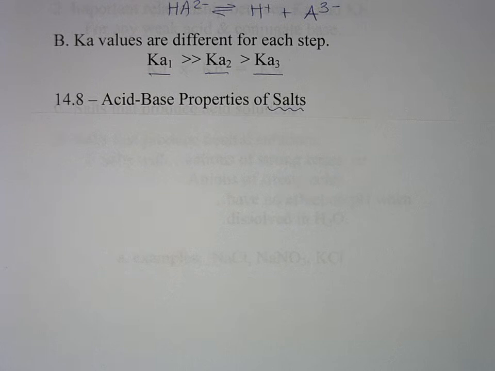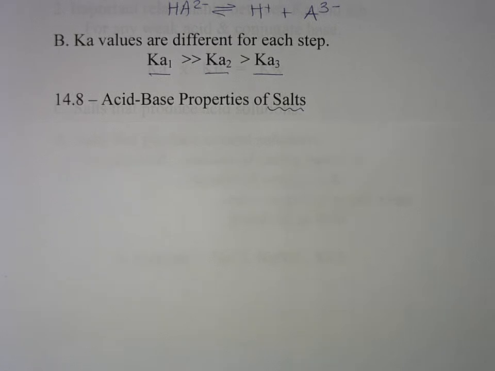Now, salts are any kind of ionic compound that ionize in water. They just dissociate, they break apart. And depending on what ions they break apart into is going to determine if the solution is acidic, basic, or neutral.